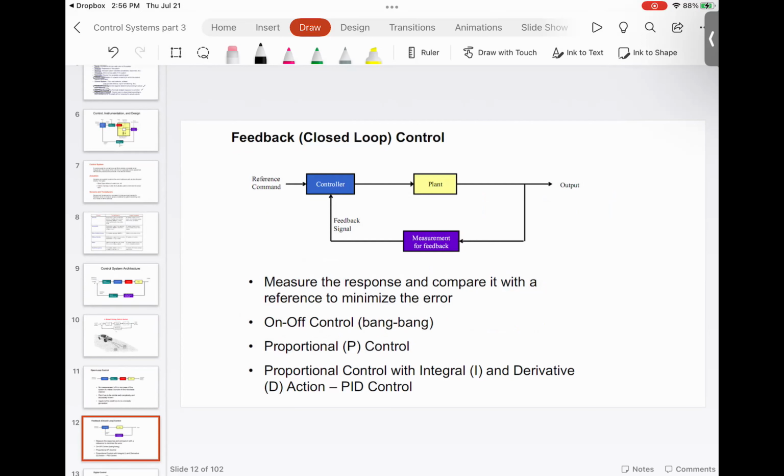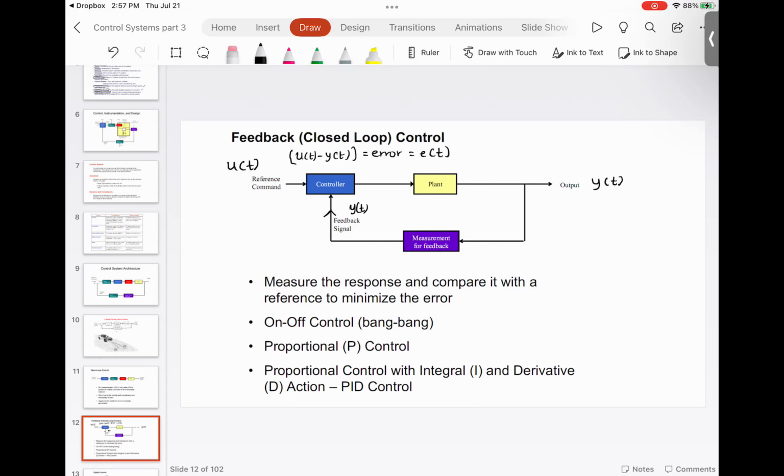So let's think about it, that you have an input, you have an output, and what you do is part of the output gets fed over here, so y of t, and then the difference between u of t and y of t is error, which is e of t.